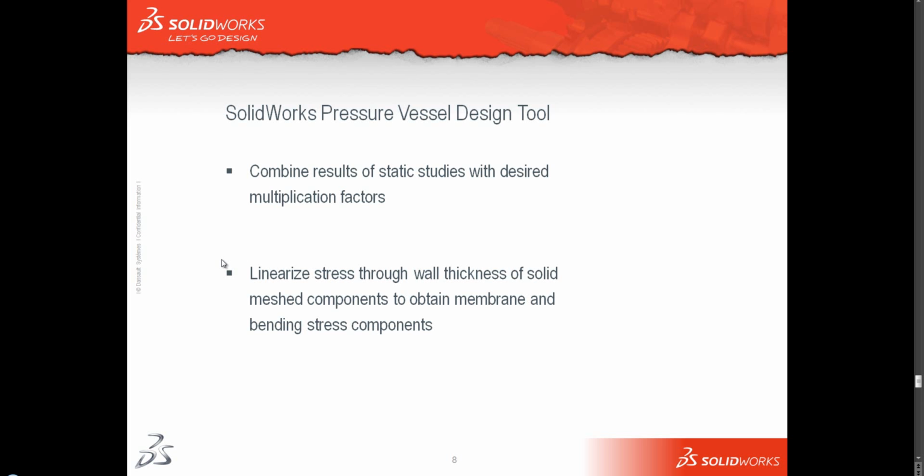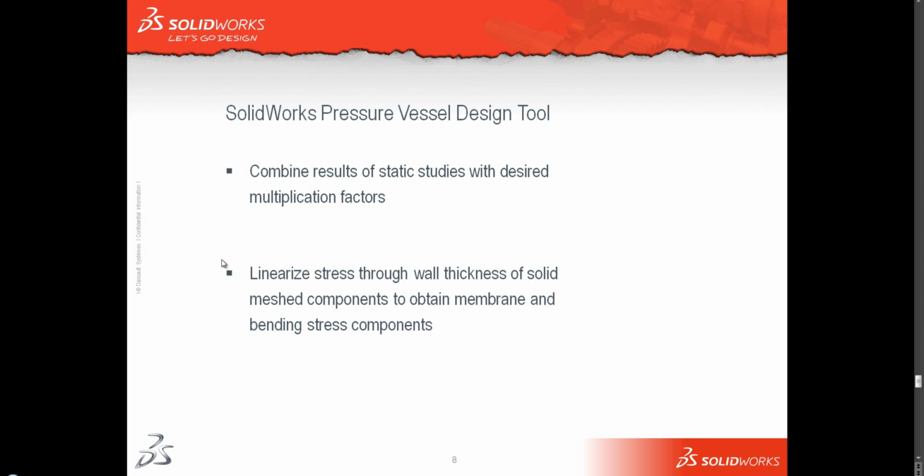The pressure vessel design tool then combines the results of those studies algebraically using either a linear combination or the square root of the sum of squares, which can be handy for approximating things like seismic loads. One thing that's definitely worth noting here is that this combination effect doesn't necessarily have to be used for pressure vessels.